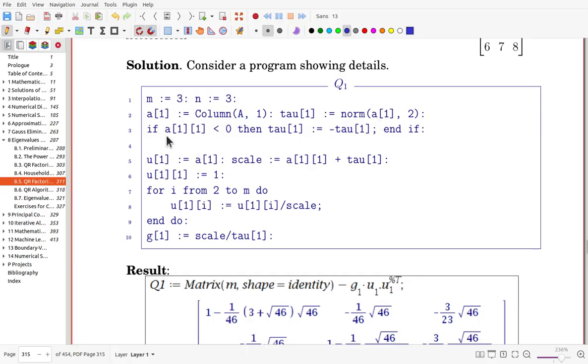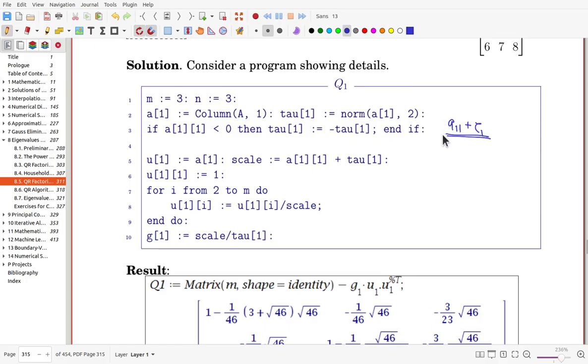We have to choose either positive or negative, but the manner is this: if the first component is less than 0, then we take tau 1 as the negation, so that we avoid A11 plus tau 1 being near 0.